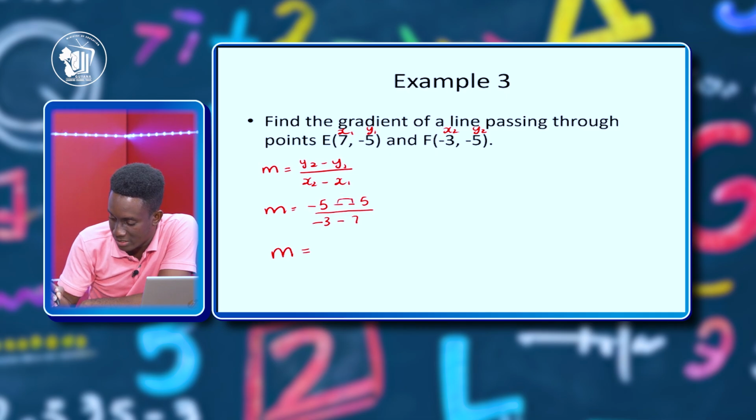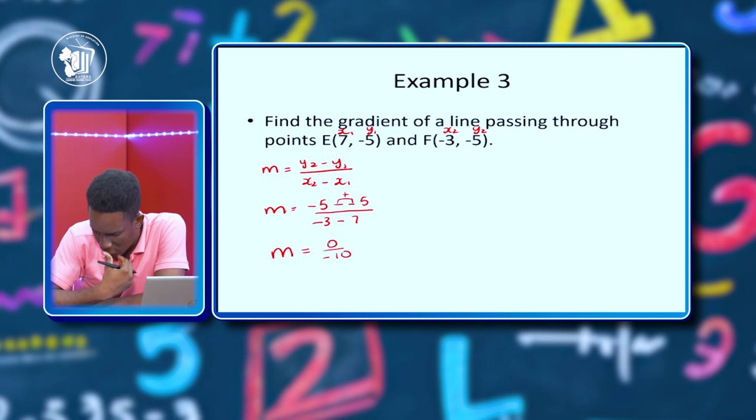So the gradient would be equal to -5 minus -5. So these two negatives will cancel out and give you a plus. So -5 plus 5, that would give me 0, over -3 minus 7 would give me -10. So we have 0 over -10.